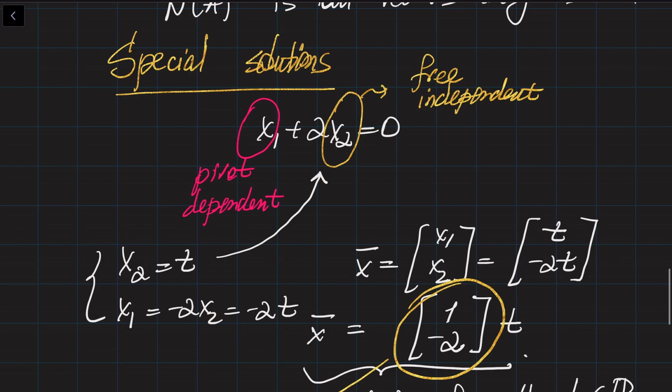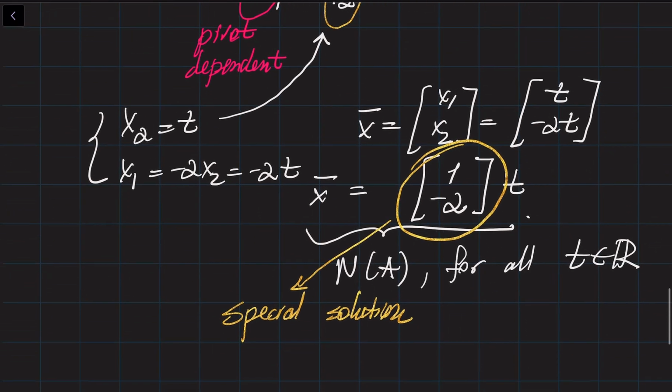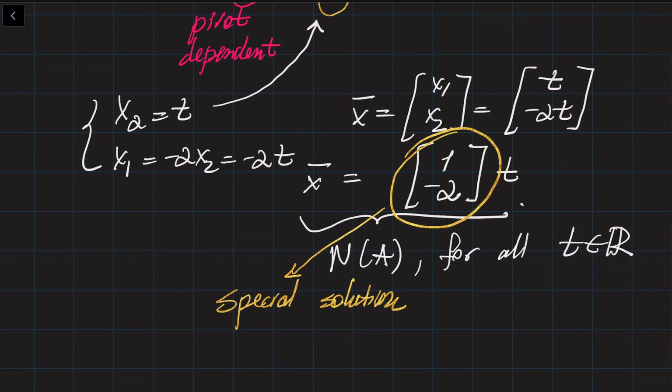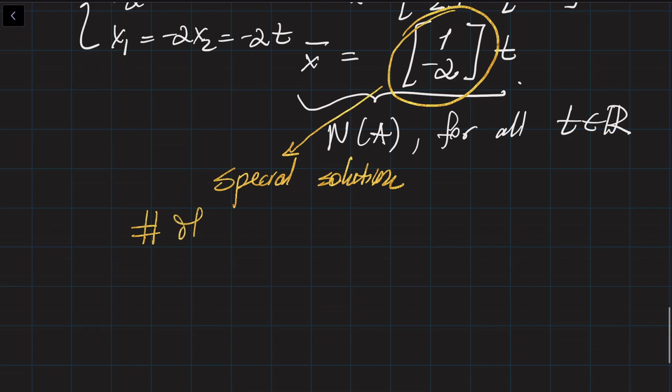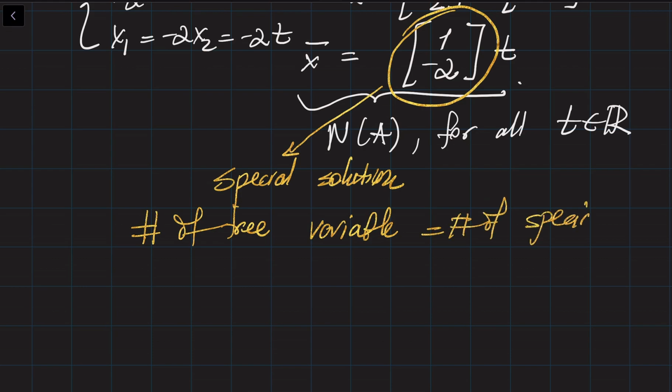If there is one free variable, there is going to be one special solution. If there are two free variables, there are going to be two special solutions. So essentially, the number of free variables is equal to the number of special solutions.